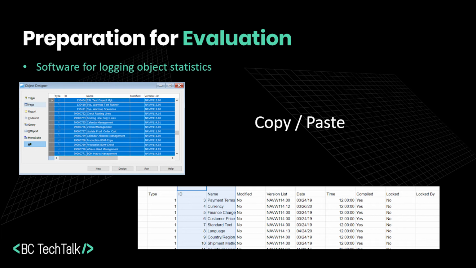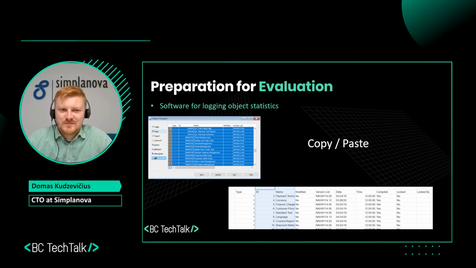So let's start with the logging of the object statistics. Basically, you need a sheet where you could take Object Manager, copy all the objects, and paste them into an Excel spreadsheet or any other sheet.